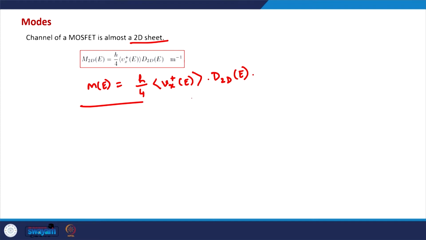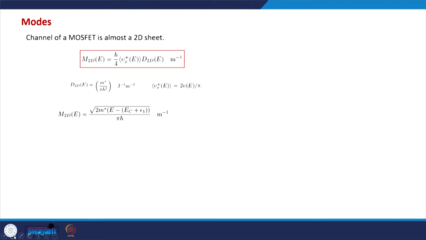For a 2D channel, we can do this calculation explicitly. The density of states is given by m star by pi h bar square, and the average velocity, taken over the angles, will be given by 2 by pi times v(E), and if we put these expressions together, then this is what we obtain.